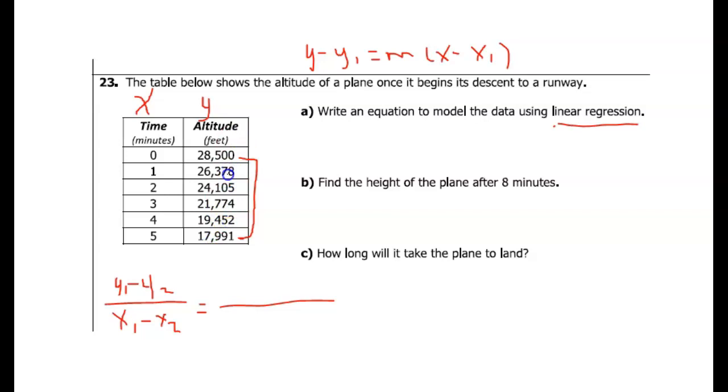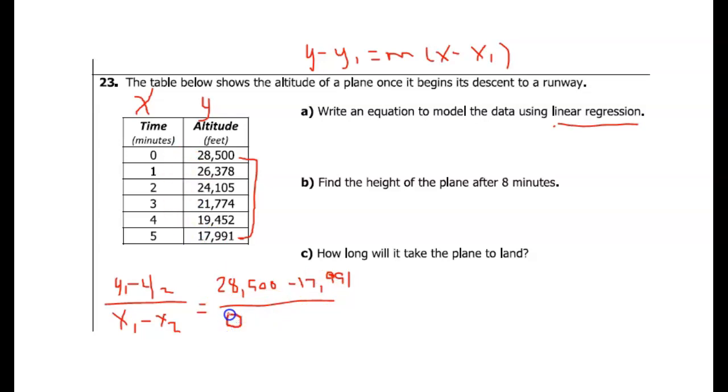My y values are going to be 28,500 minus 17,991. And then my x values will be the change in time.